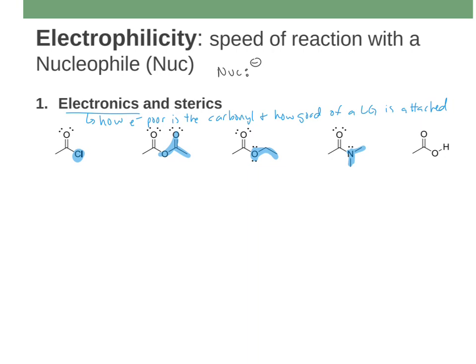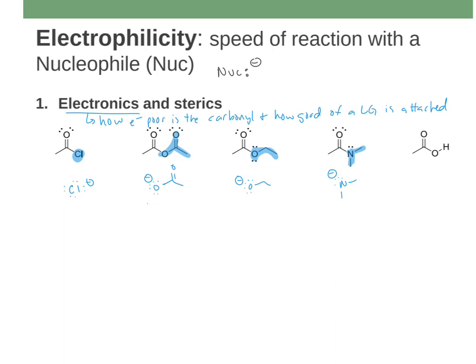Now, if you look at this, chloride, we just did chloride, Cl minus is a great leaving group. And then I'm going to compare it to this as a leaving group, versus that as a leaving group. And then finally the nitrogen as a leaving group.